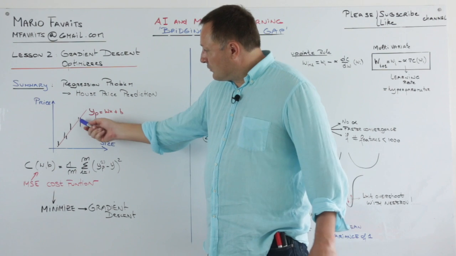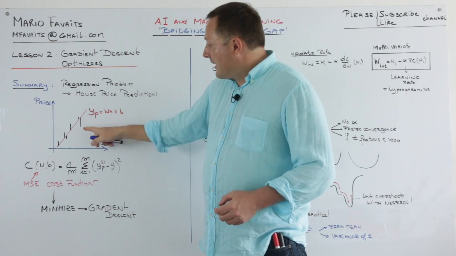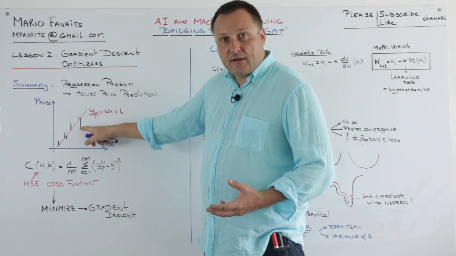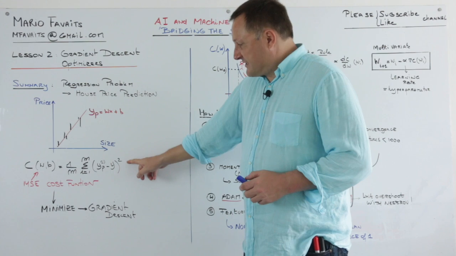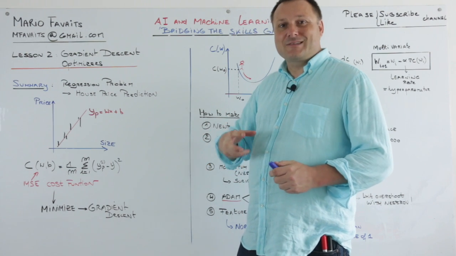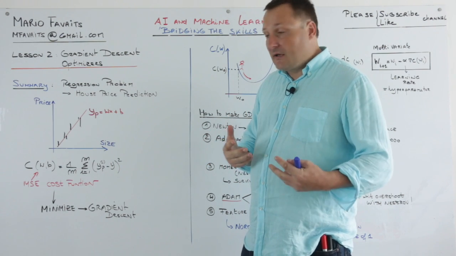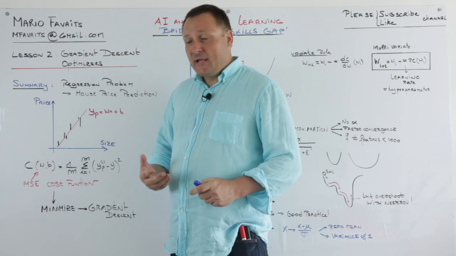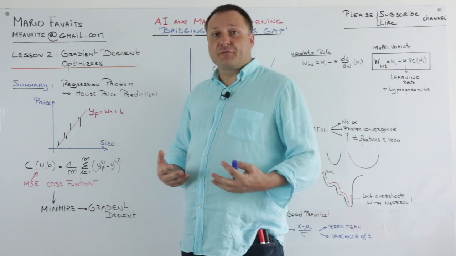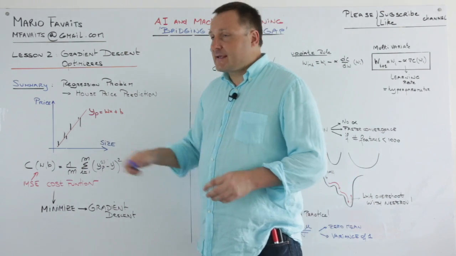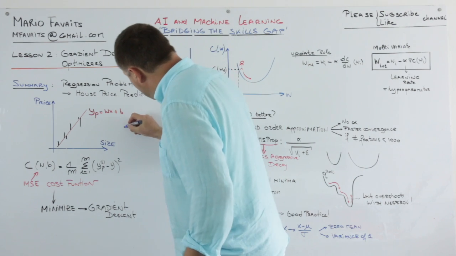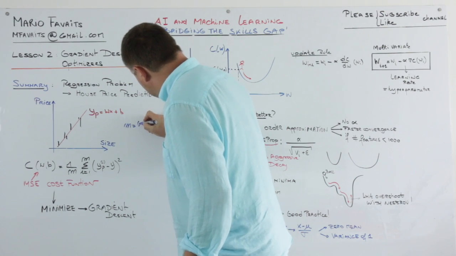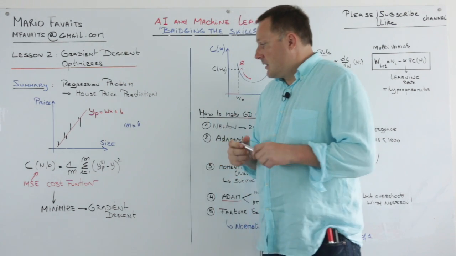That's the difference between the y on the red line and the y at this point. And we square that. We square it because it's convenient and because we want to penalize outliers. And we divide by m. And m, remember, is the number of training samples. In this case, m was 6. Okay?